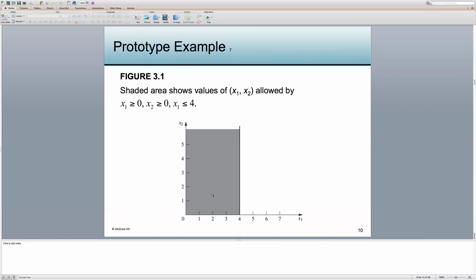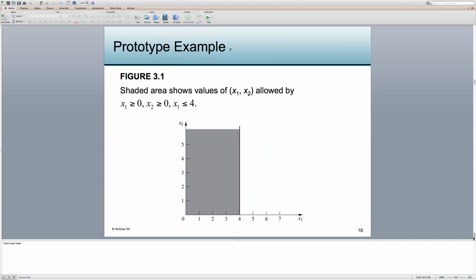So we're in this infinite strip between the vertical lines x1 equals 0 and x1 equals 4, and above x2 equals 0. So this shaded area is the region in the two-dimensional plane, what you used to call the xy plane, and we'll call the x1, x2 plane. It's the region in this plane that satisfies these 3 inequalities, these 3 constraints.